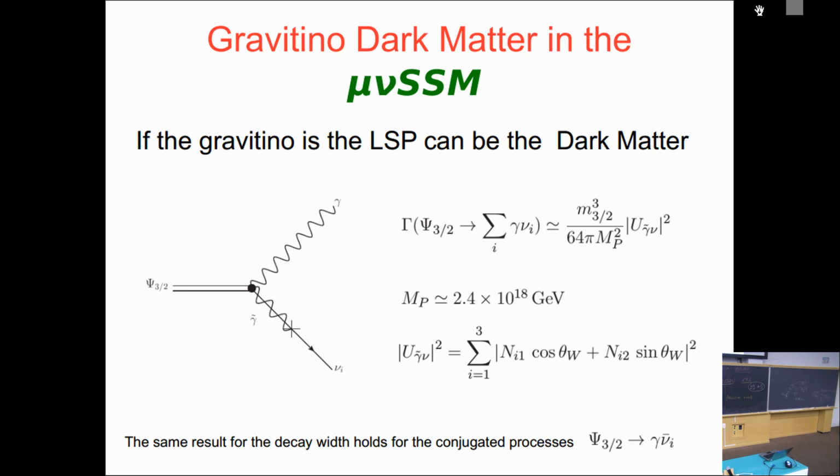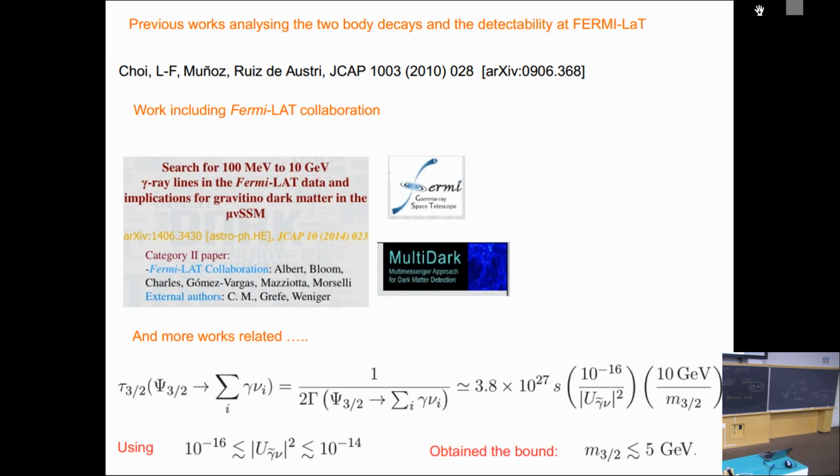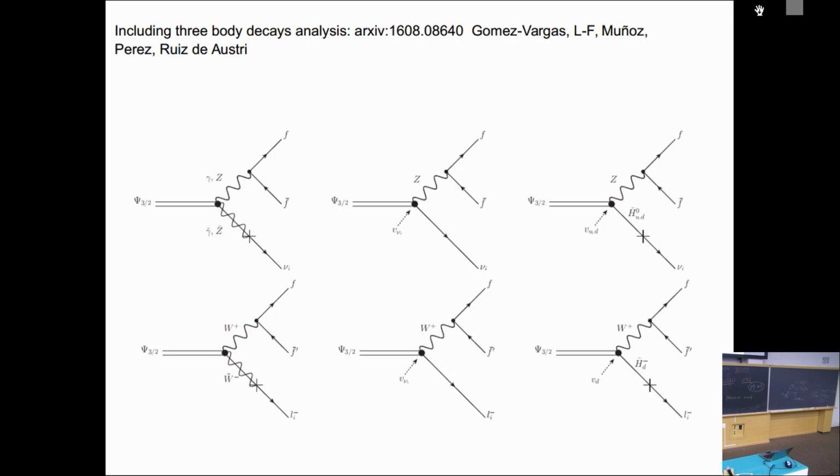The simple signal is that the gravitino decays to a neutrino and a photon. In principle you can observe that, and these papers are quite old, and Fermi already put some constraints on this.